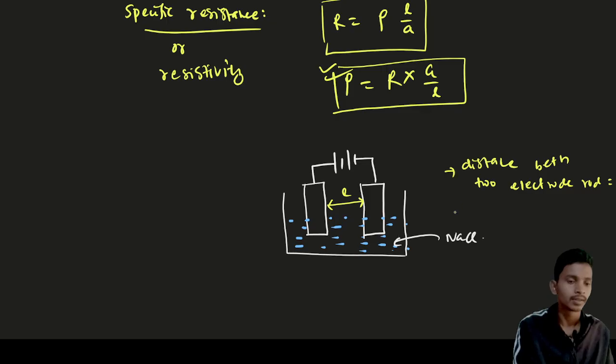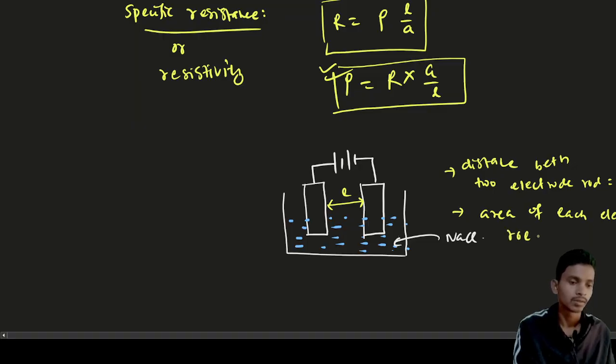And another assumption: the area of each electrode rod, let's say A square, because the area of any square is side into side, A into A, so that is A square.